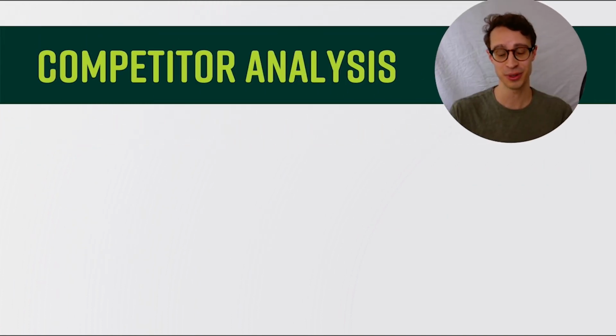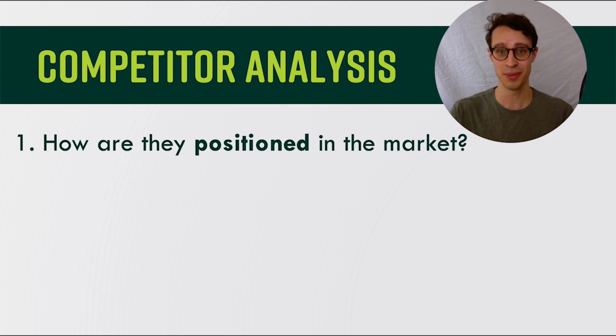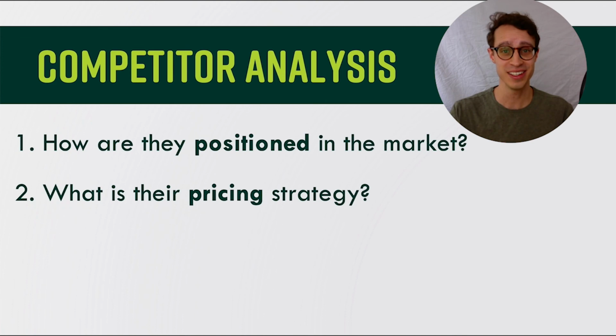Once you've found some competitors, you want to have a stalk of their social media and their website, and you want to be able to answer 4 basic questions. Firstly, how are they positioned in the marketplace? How do people in the world see them? Are they perhaps the cheapest alternative on offer, or are they a premium artisan, or do they focus on customer service? Secondly, you want to ask yourselves, what are their prices on their website?